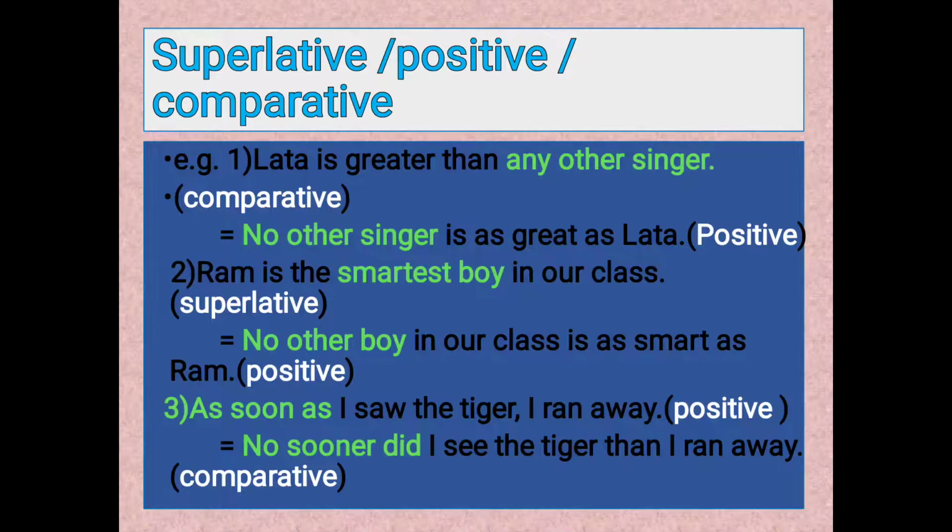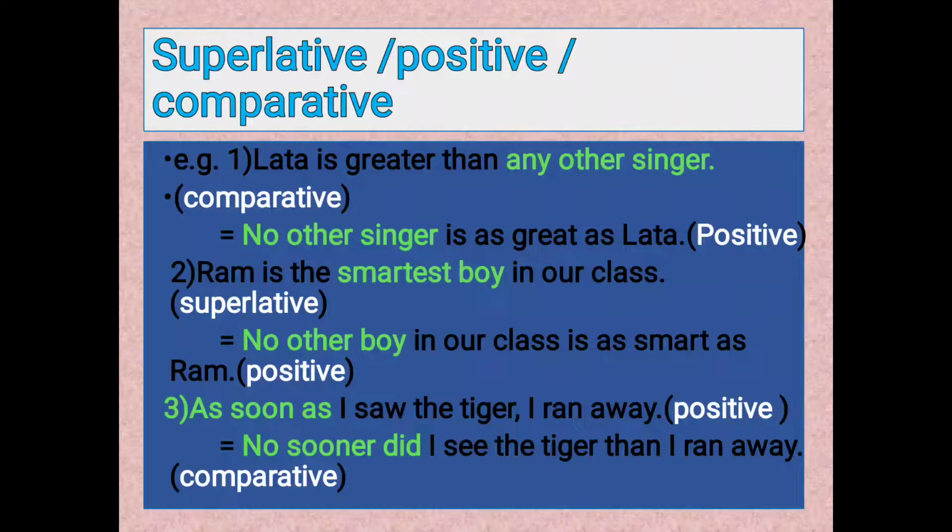In the case of degrees, whether it is superlative, positive or comparative, you can change the degree, and the form of the sentence changes automatically, if the given sentence is in affirmative form. For example, the first sentence: Lata is greater than any other singer.